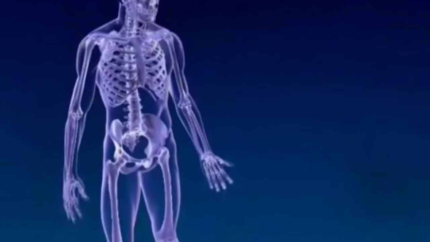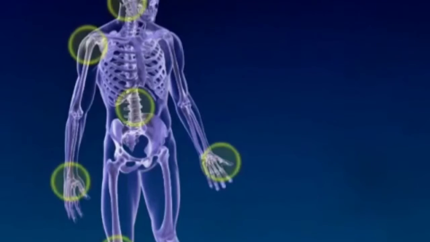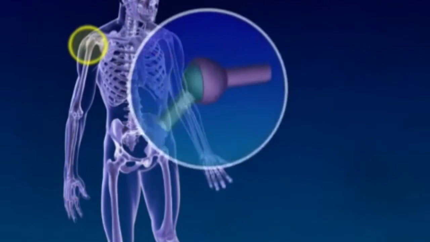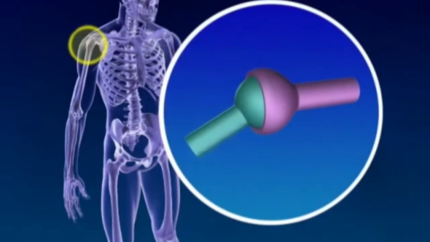They are known as synovial joints. Synovial joints can be categorized into different types. These joints have cartilage between them to absorb shock and reduce friction. This reduces the loss of bone.